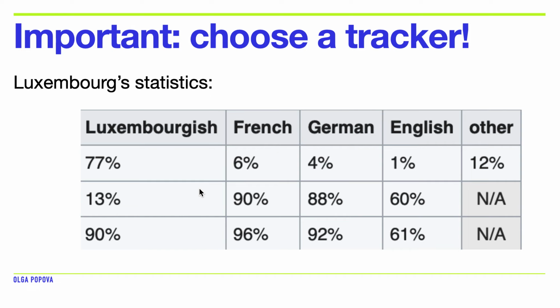Let's see, for example, Luxembourg's statistics of languages. Luxembourg is a very unusual state. In this country people are speaking different languages, and here you can see the percentage of how many people speak what language. When you are doing your advertising campaign and you choose the language, you need to understand which one you prefer.